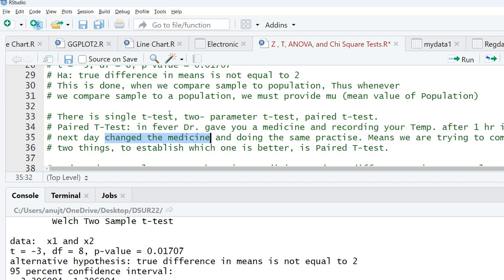Now the sample is different. On the first day it was one medicine, another day the medicine was different. So the doctor wants to check which medicine is more effective. So the temperatures which the doctor observes, they are compared between these temperatures, to see which medicine is better. This is known as a paired t-test.